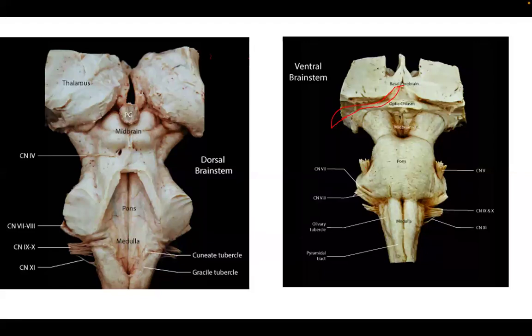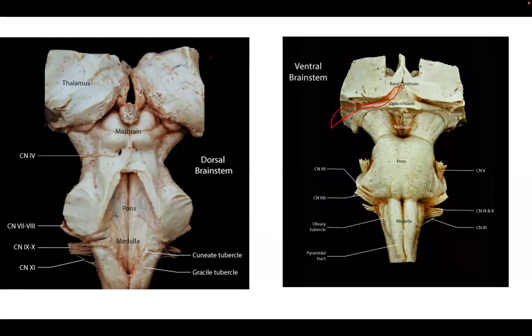The third ventricle is related to the diencephalon. So the thalami both straddle the third ventricle on both sides, and inferior and lateral to it is the hypothalamus.